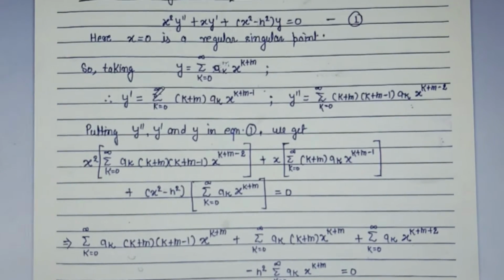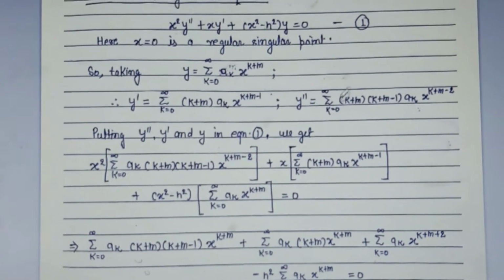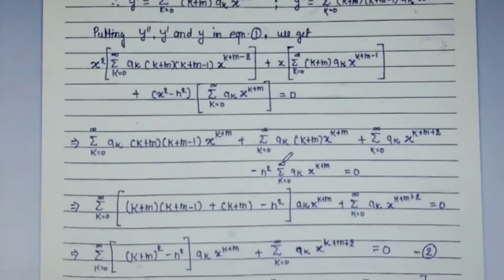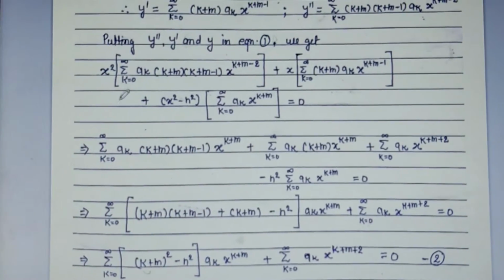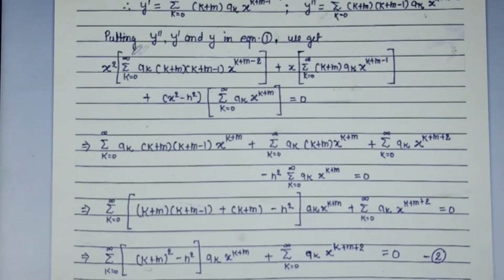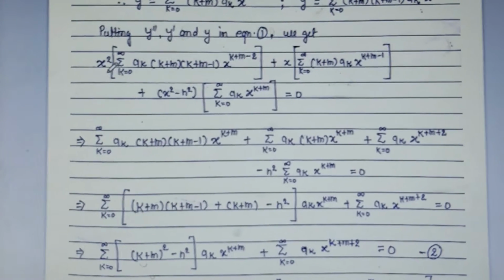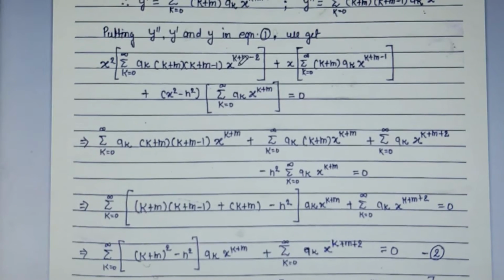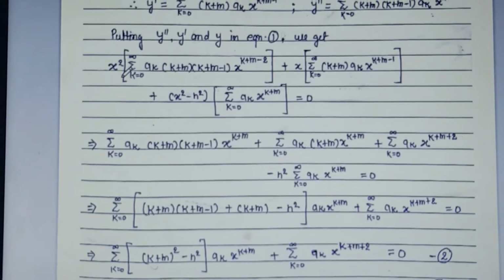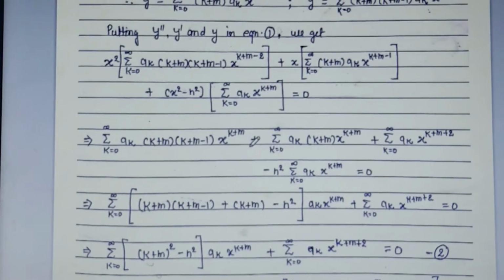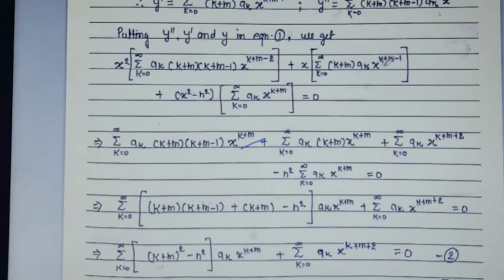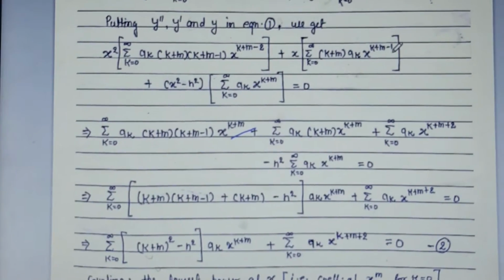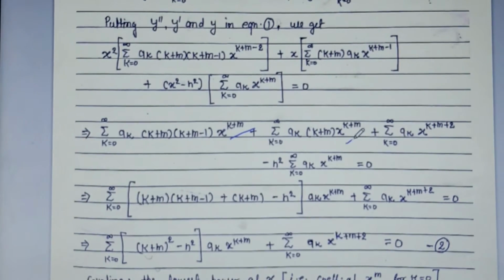Now putting y dash and y double dash in equation number 1, what do we get? We'll get this, right? And then we take the x inside the bracket. So we'll get the same thing as over here, and it'll become k plus m minus 2 plus 2, that becomes k plus m. Over here, when we take the x inside, it'll become k plus m minus 1 plus 1, it becomes k plus m.